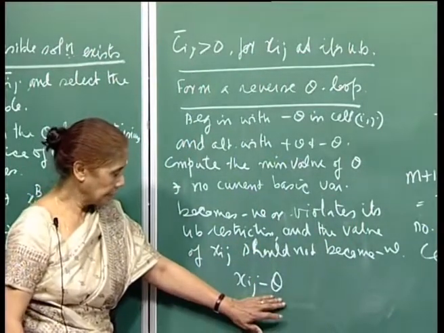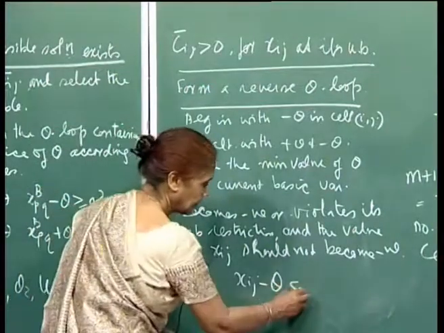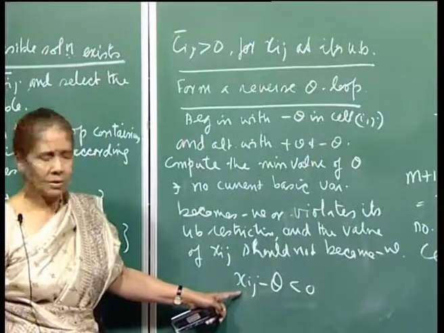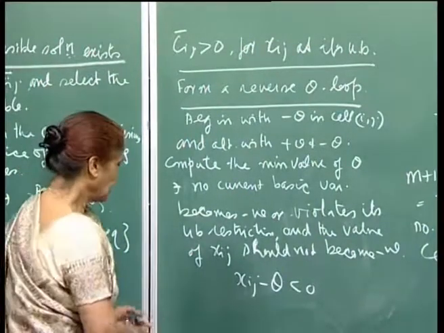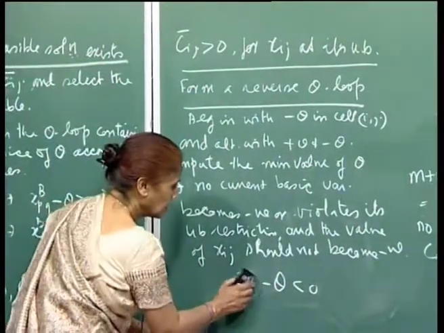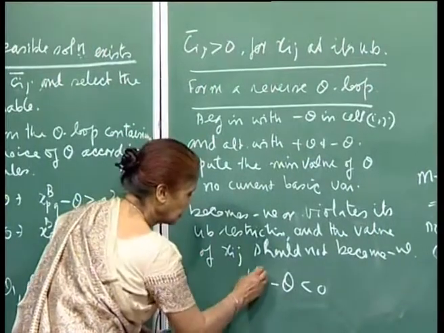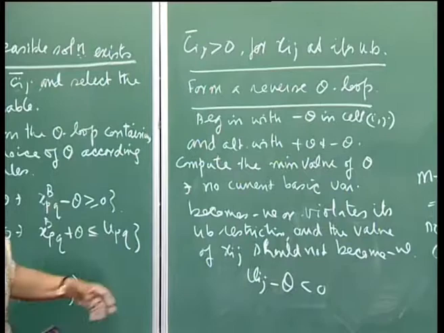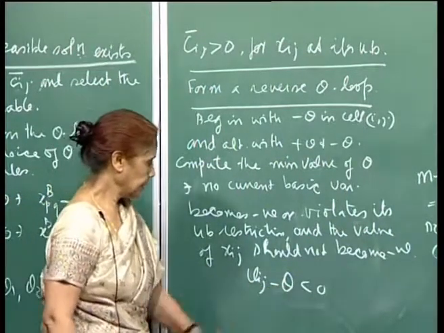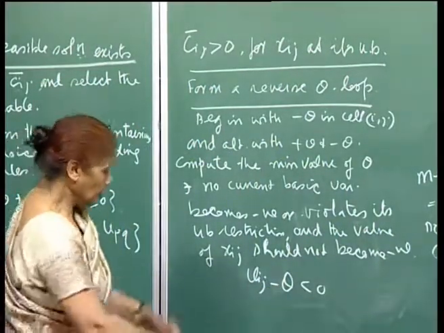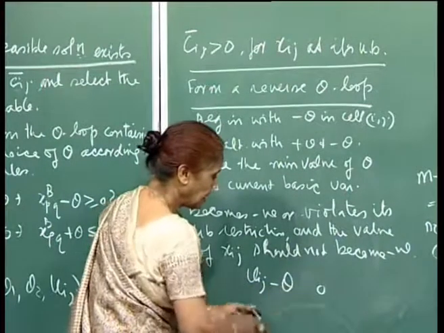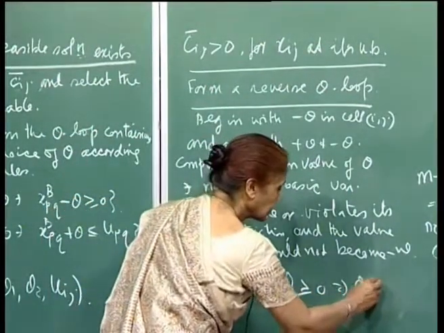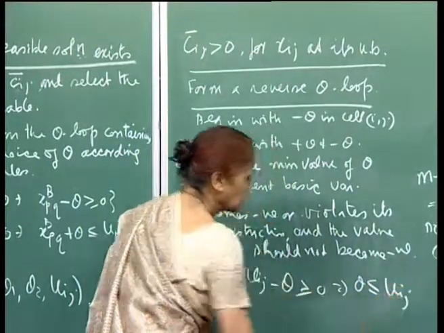So, this should not become negative. Your variable is currently at its upper bound, so this is Uij. So, which implies that theta is less than or equal to Uij, right.